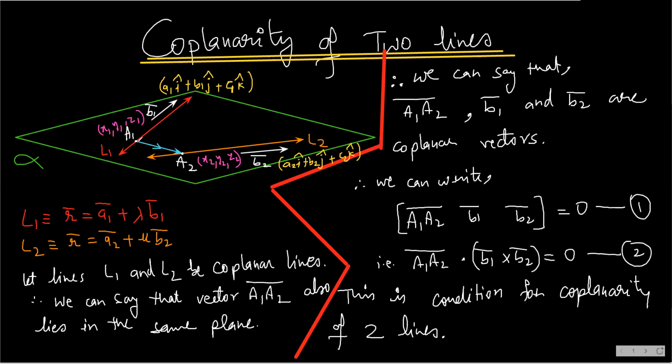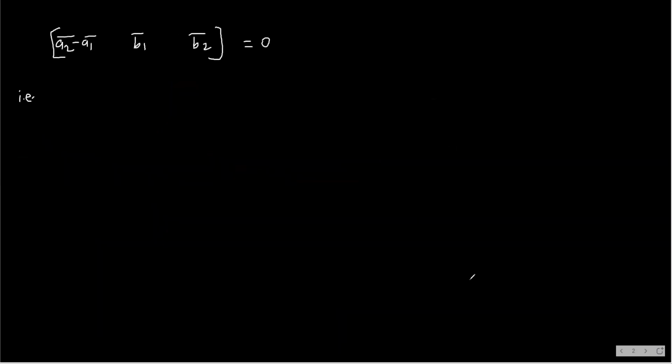This is point A1, so small A1 bar will be x1 i cap plus y1 j cap plus z1 k cap, and A2 bar will be x2 i cap plus y2 j cap plus z2 k cap. So A2 bar minus A1 bar will be (x2 minus x1) i cap plus (y2 minus y1) j cap plus (z2 minus z1) k cap.